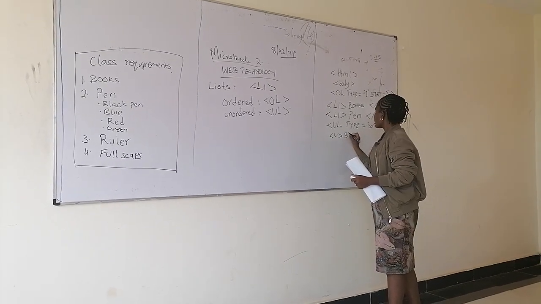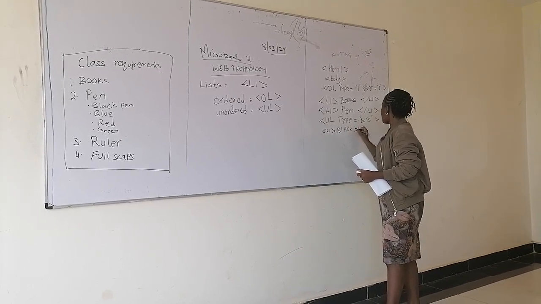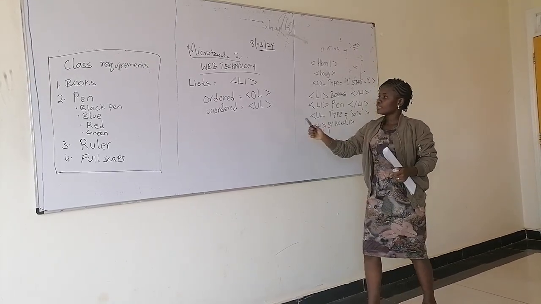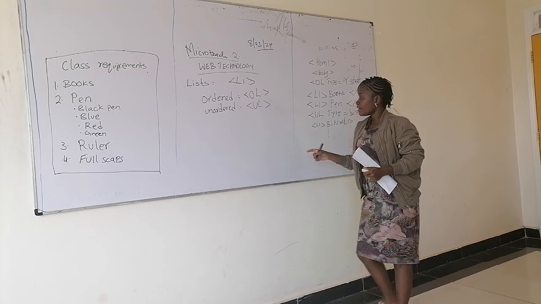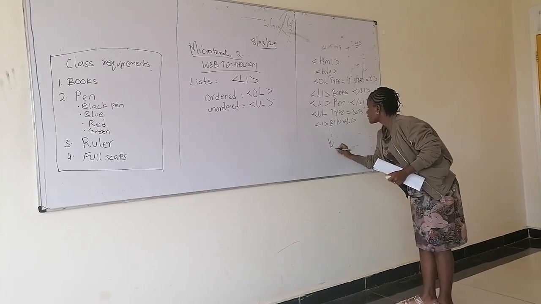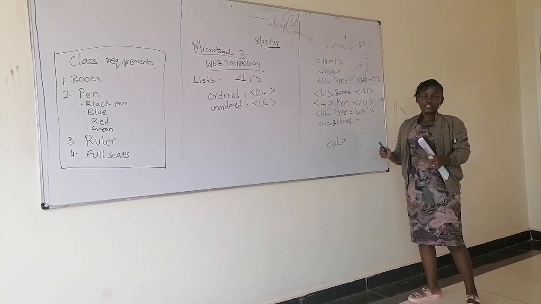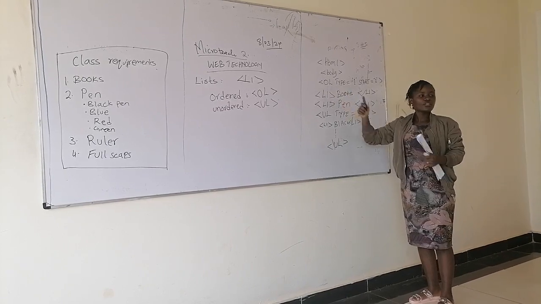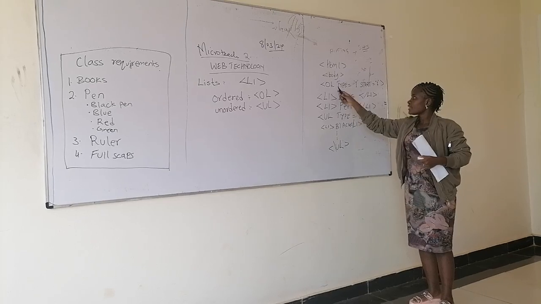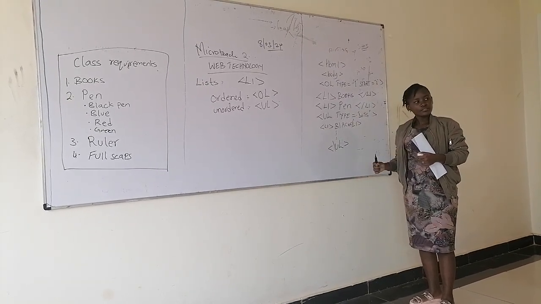Then we go black, and this will continue until green. After that, we will close the UL, the unordered list tag. You get it? Then we will continue. You don't write the ordered tag again because at the end you will close it. Are we together? Yes. Any question?